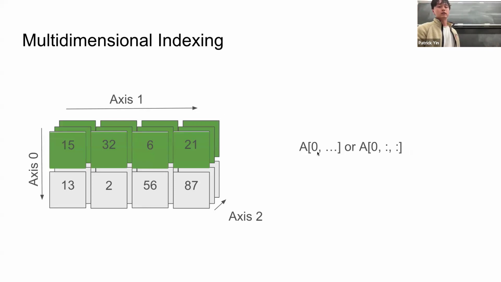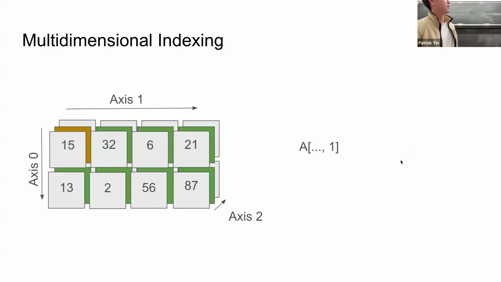We can either do a[0, ...], where ... specifies the rest of the dimensions of the array, so in this case, dimensions 2 and 3. Or you can do 2 colons, where a colon specifies a specific dimension. So you need 2 of those.